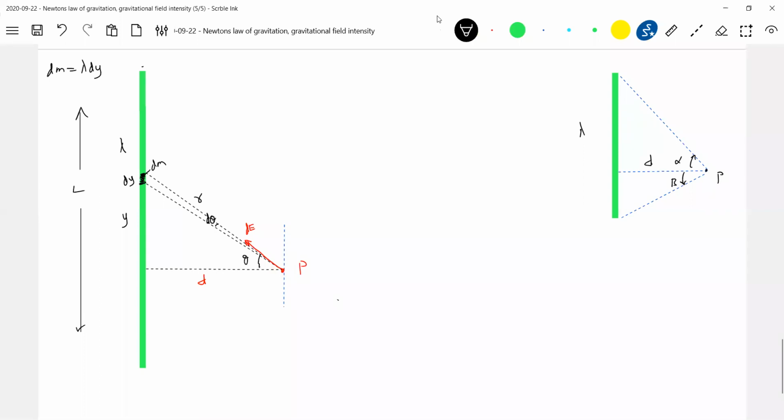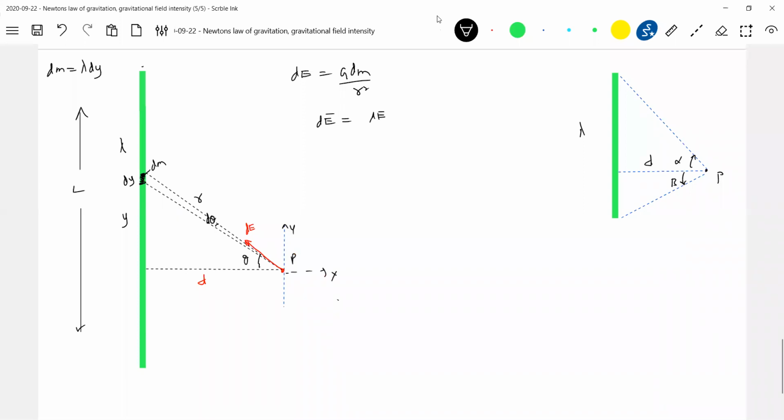So dE is equal to G dm by r squared. This is the magnitude. In vector form, dE bar, two components will be there, no? One x component, the other the y component. So here we'll define the coordinate system. Let this be x, let this be y.